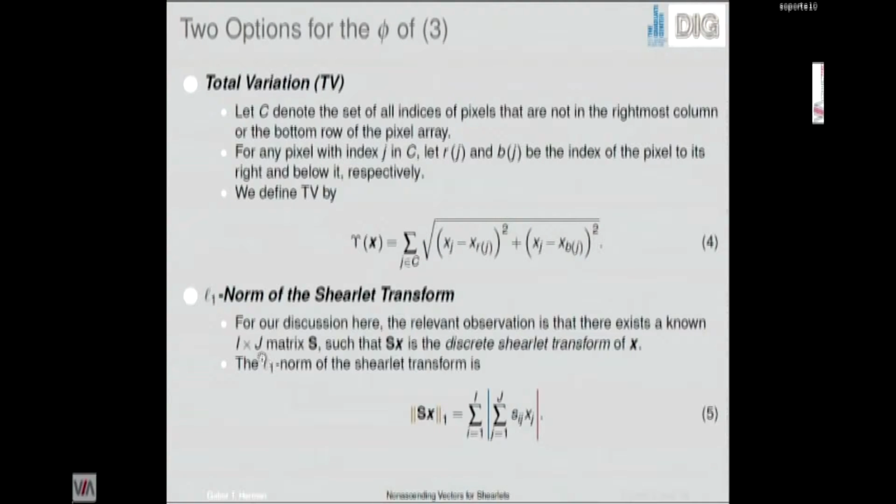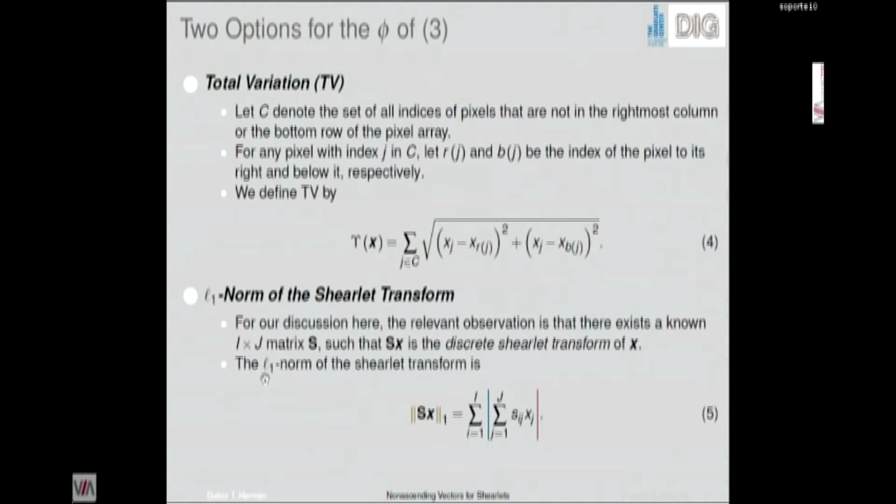So there's a matrix S, and Sx is the discrete Shearlets transform of x. Of course, if I want to tell you what exactly it is, I have to tell you how to produce S. But from the point of view of what I'm going to do, it's not going to matter.